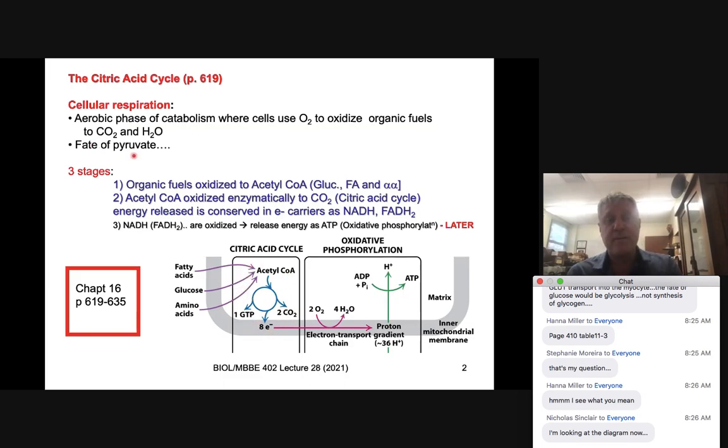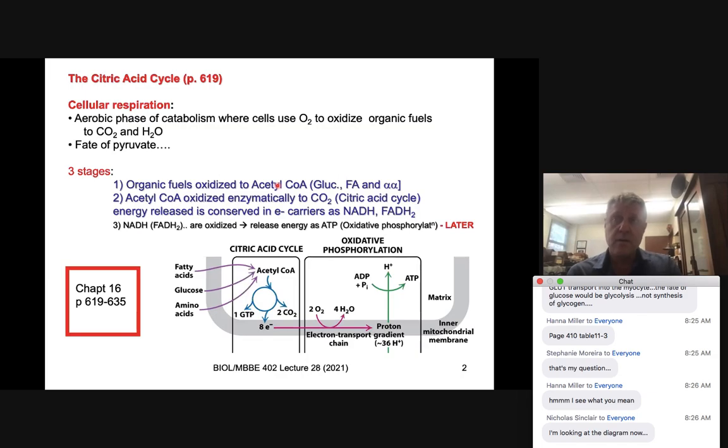So it's the fate of the pyruvate that's coming from glycolysis, that 3-carbon constituent. And we're going to see also this fate be substituted by other organic molecules to form acetyl-CoA, but also form intermediates of the TCA cycle, which will directly feed into that cycle.